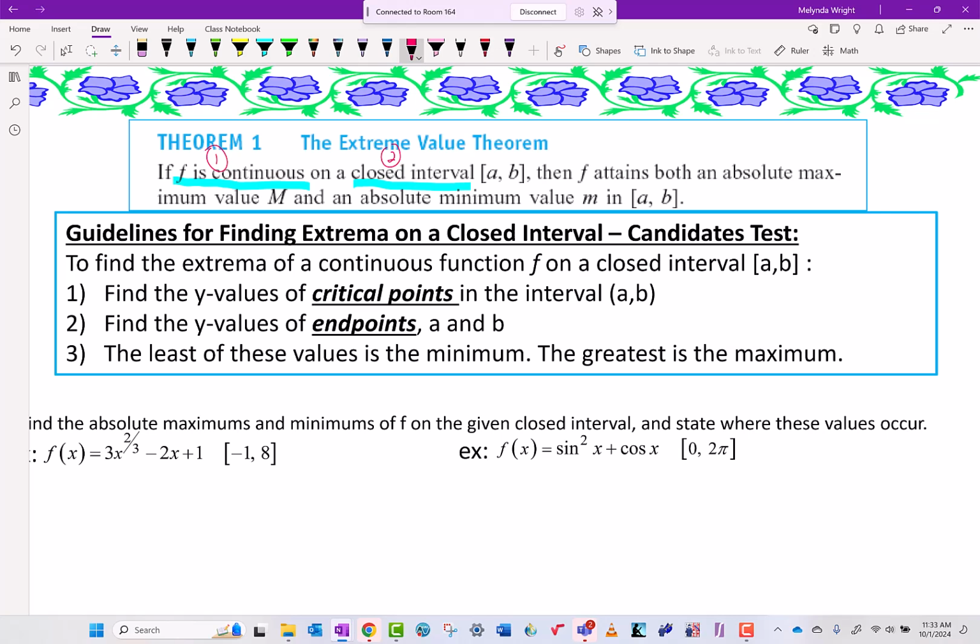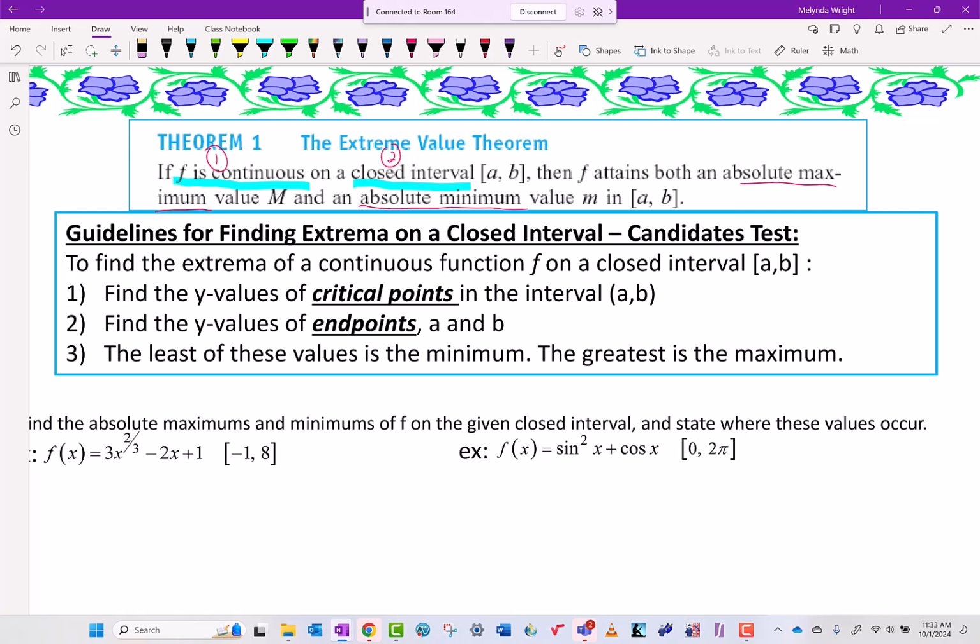If those are true, then f has both a max and a min. And they're using the word absolute, absolute max and absolute min. Did I have to put the word absolute on here to mean absolute max or min? No, I could just leave it like that and it would still mean absolute. But for relative, I have to say relative, or local. I can't leave that off.